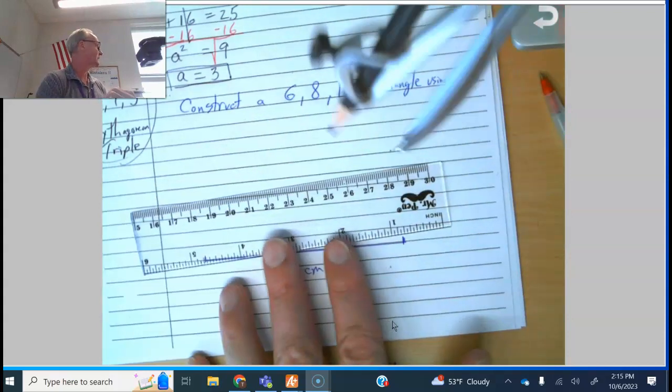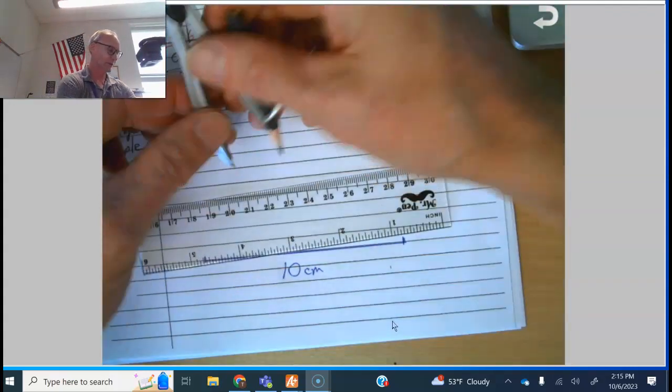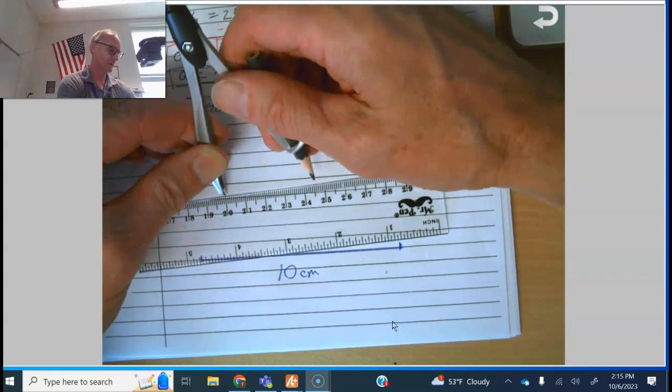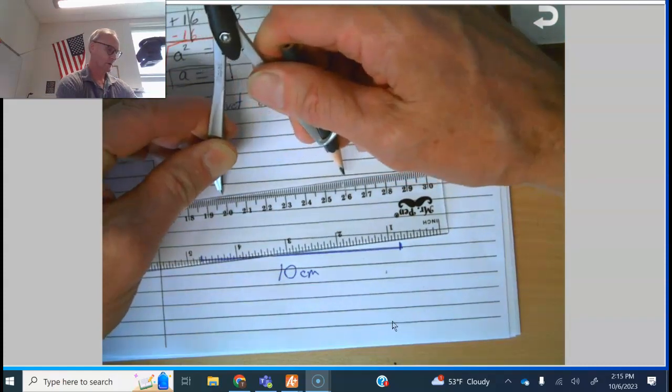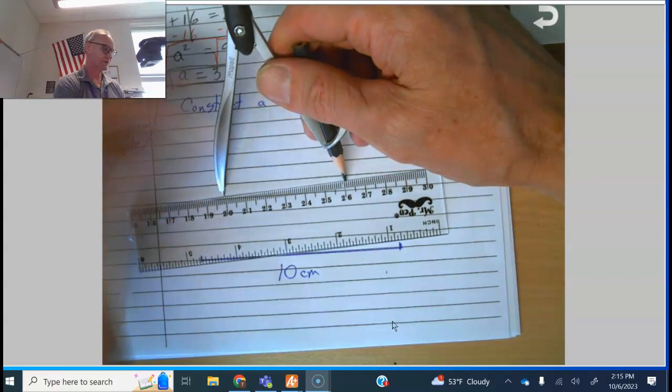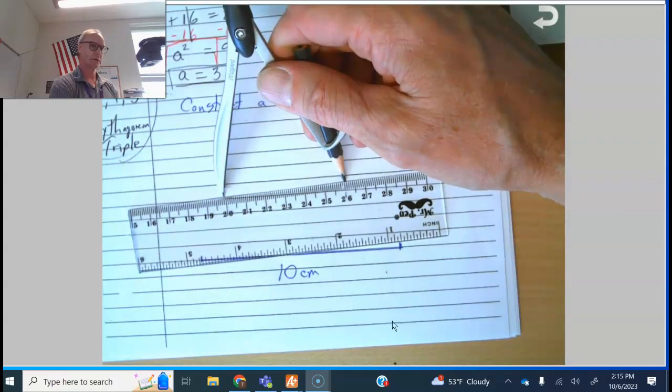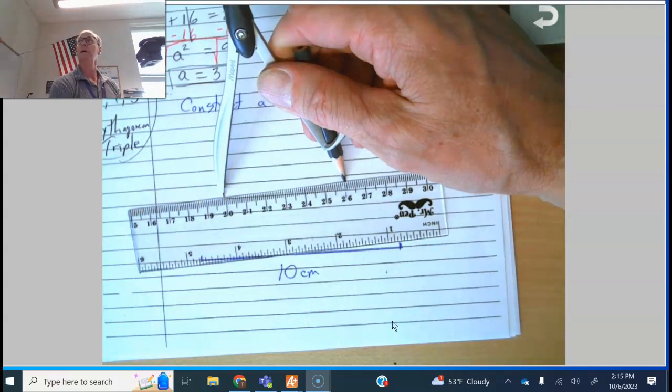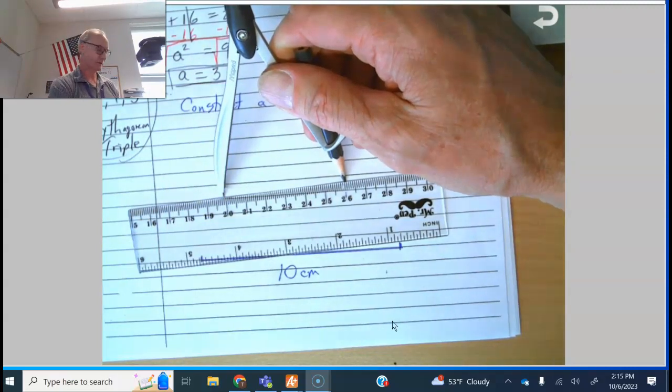I'm going from 20 to 26, however you want to open it, 6 centimeters. So get 6 centimeters on your compass. It should look something like this. Y'all see it okay? We have 6 centimeters?